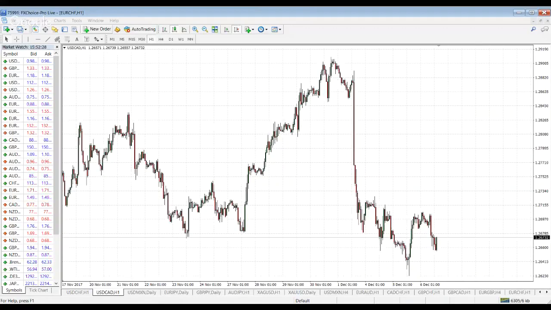The entry was at 1.27250. The stop loss was 1.27650. Stop loss here, 650. Entry, 1.27250. And then the take profit was 1.26735. All right. And then you would place your order. Simple, easy, easy, easy.